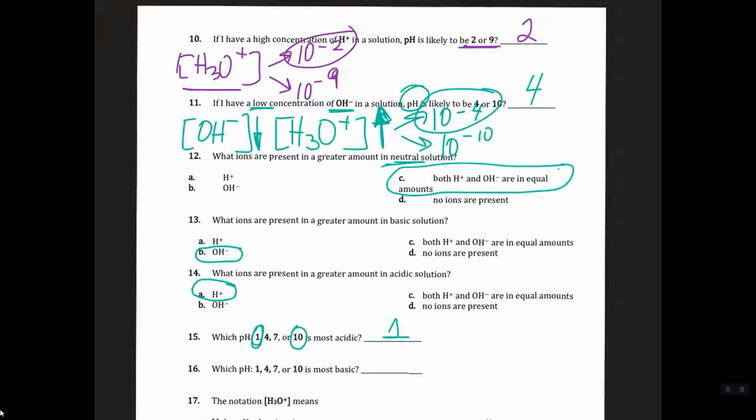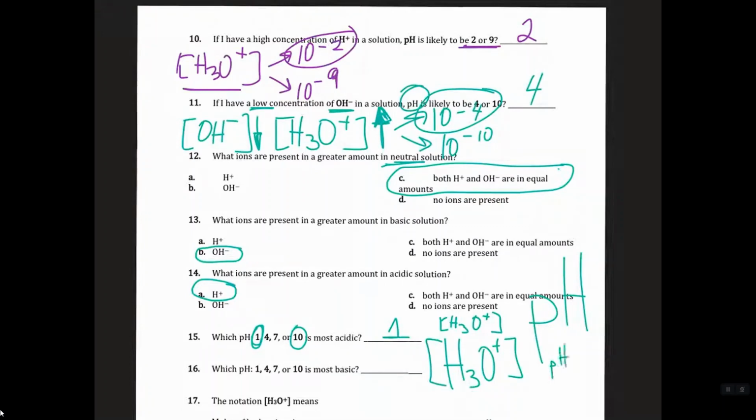If I have low concentration of hydronium ion, like small concentration, I'm going to have big pH. If I have big concentration of hydronium ion, I'm going to have small pH, right? So if I have pH 1, that means that I have a lot of hydronium ions. So that's going to be acidic.